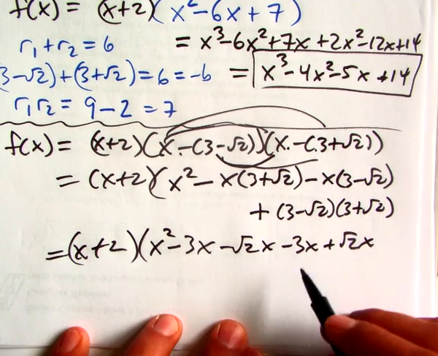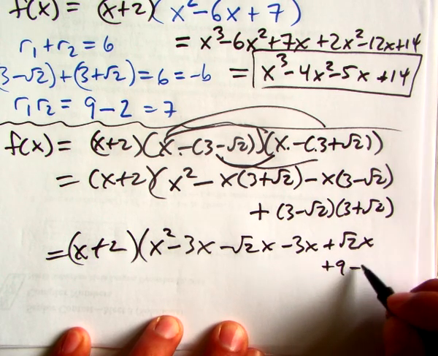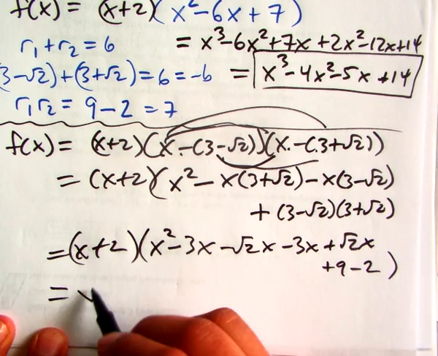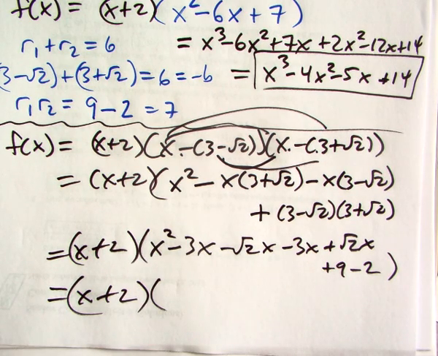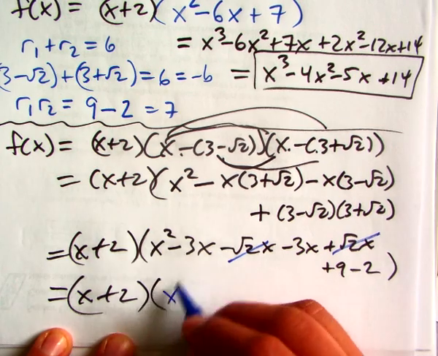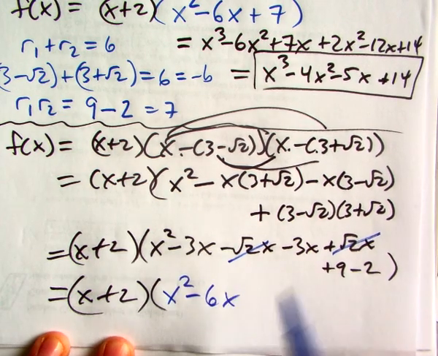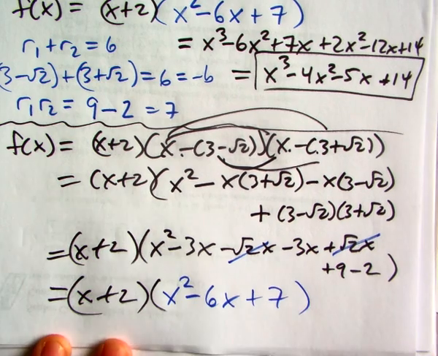If you multiply these out, you get 9 minus 2. You guys see where this is going? What happens here? The root 2's cancel. You get x squared minus 6x, but that's exactly what we had up here, plus 7. And then the rest is the same.